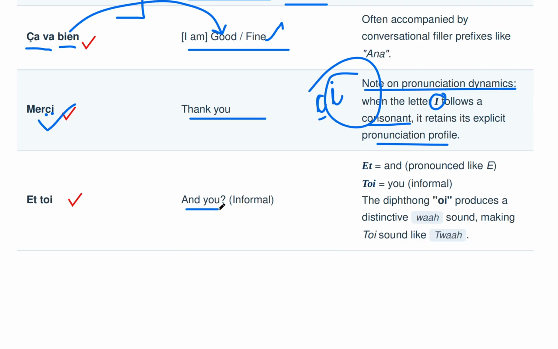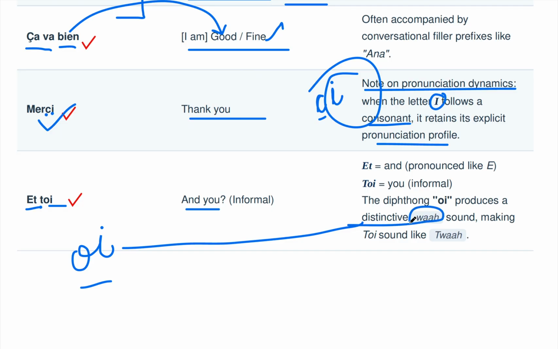Next is "and you". Okay, this becomes et toi. Et toi. The sound of OI will be like "wa". Et means and, pronounced like "e" only.